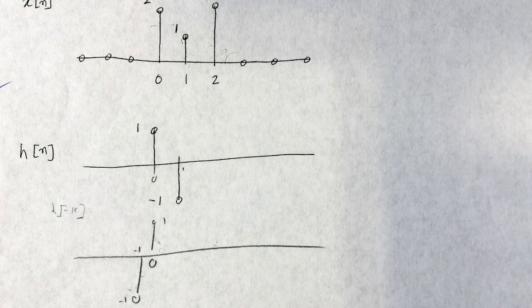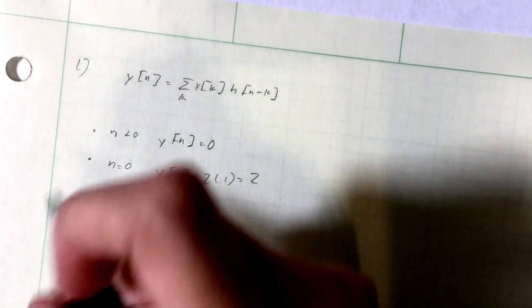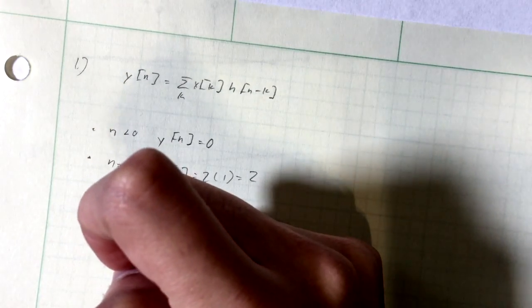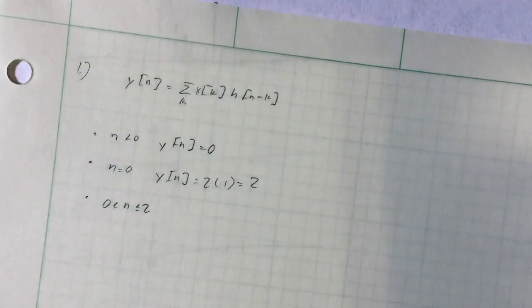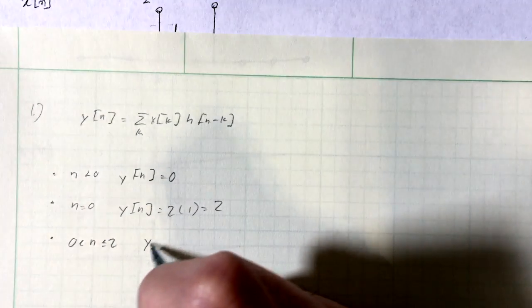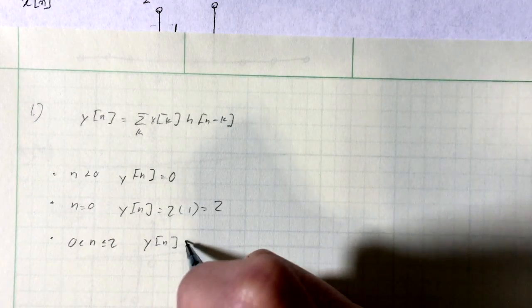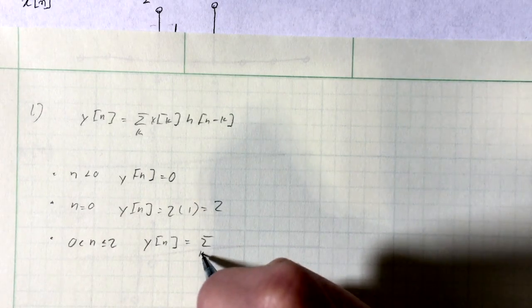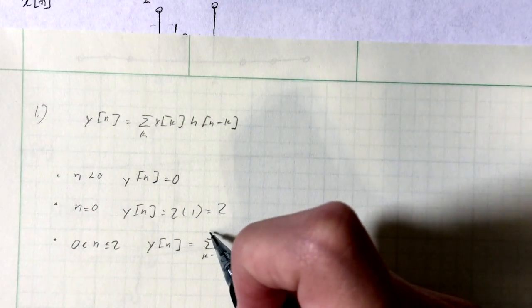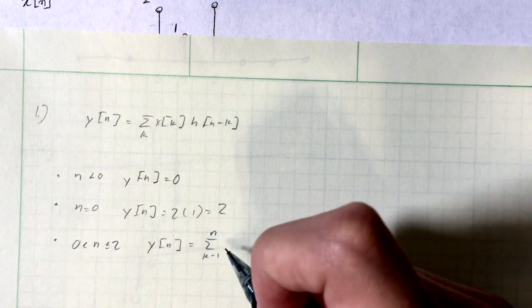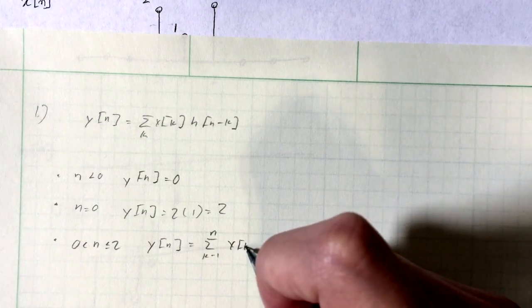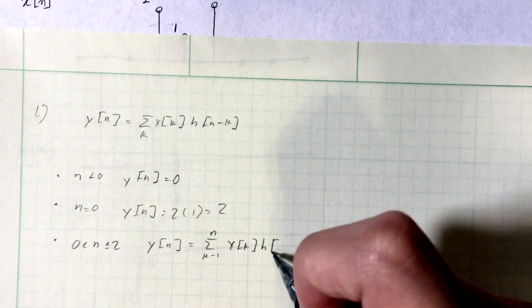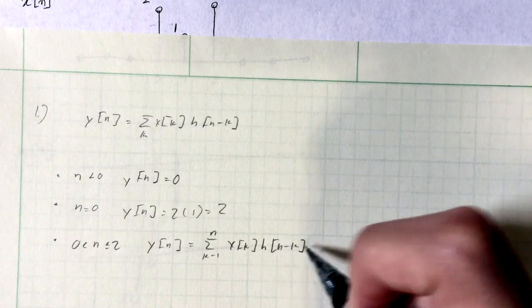So when n is between 0 and less than or equal to 2, y of n will equal the sum from k equals minus 1 to n of x of k h of n minus k.